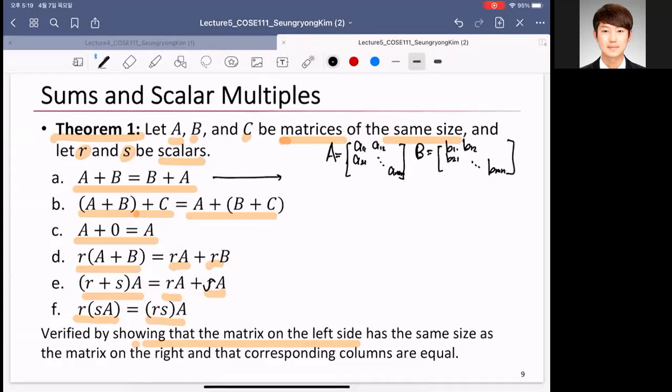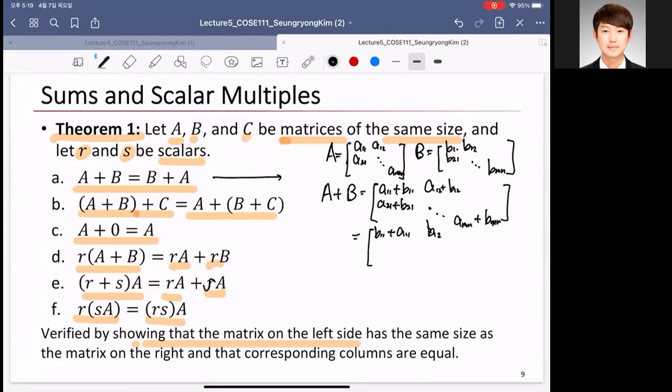Then, first of all, let's write the left hand side A plus B, which is equal to A11 plus B11, A12 plus B12, A21 plus B21, up to AMN plus BMN, which is equal to B11 plus A11, B12 plus A12, B21 plus A21, up to BMN plus AMN, which is equal to B plus A.